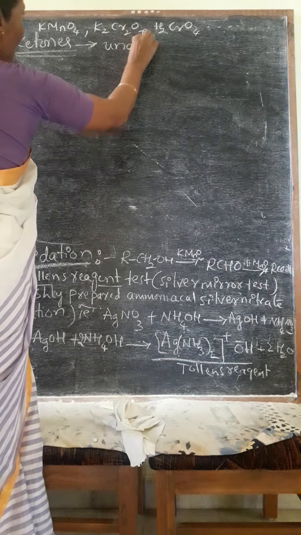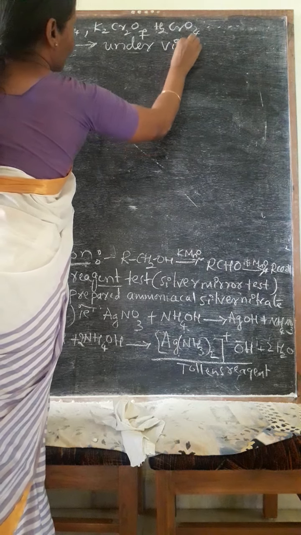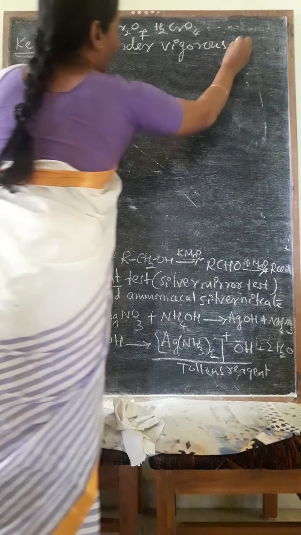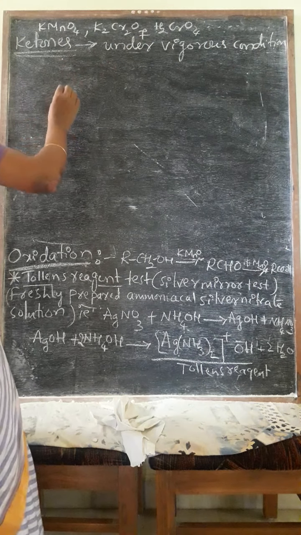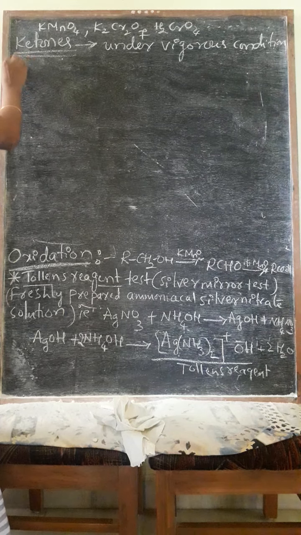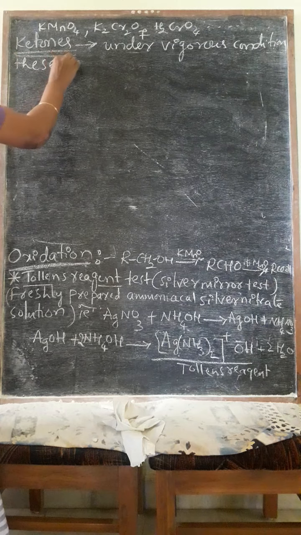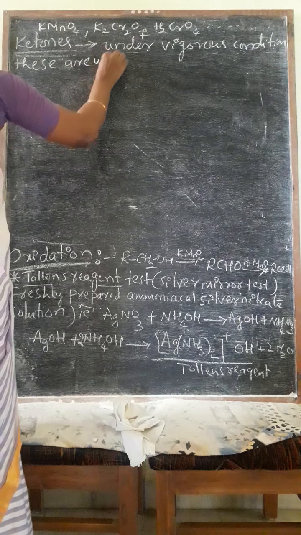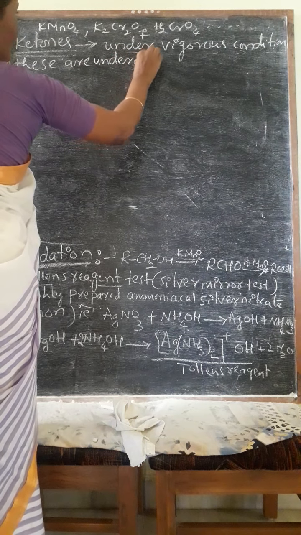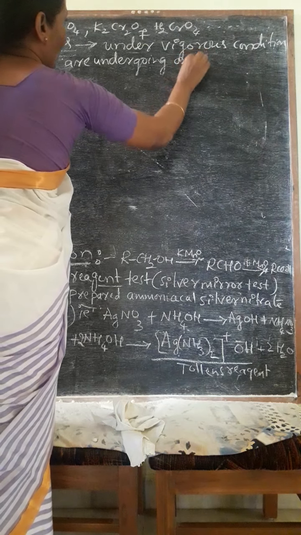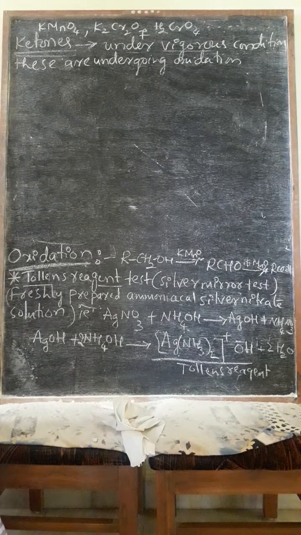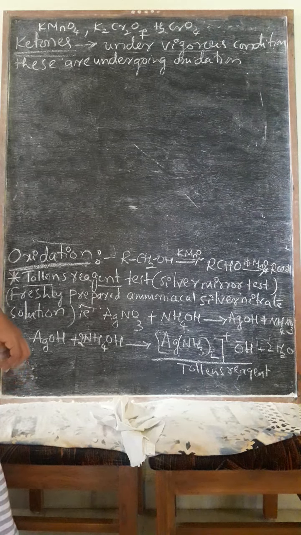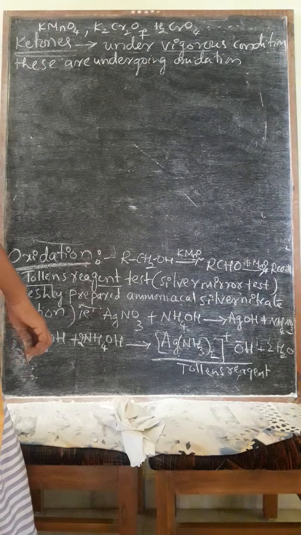Under vigorous conditions, ketones undergo oxidation. What do you mean? The term vigorous means high temperature, strong oxidizing agents, as well as pressure is used. More conditions are there.